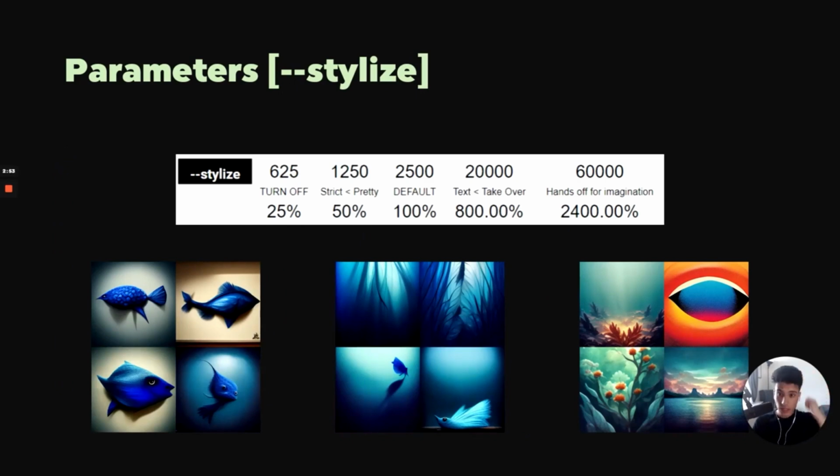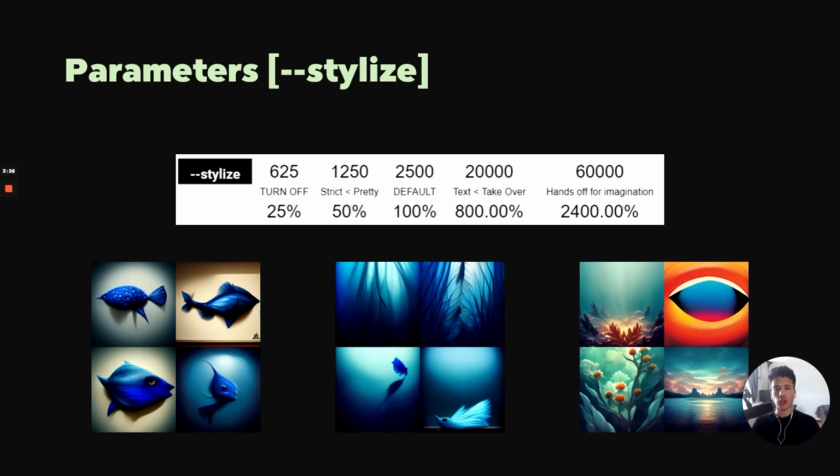So the style is also something you put after the prompt. So after you do the dash dash AR and put your input, you basically just press space. You don't put a colon, nothing, just a space, and then dash dash stylize. And then you put what you want to stylize. So for example, dash dash stylize, and then the value of 625, 1250, anything ranging between 625 to 60,000 you can use. And what does this actually do?